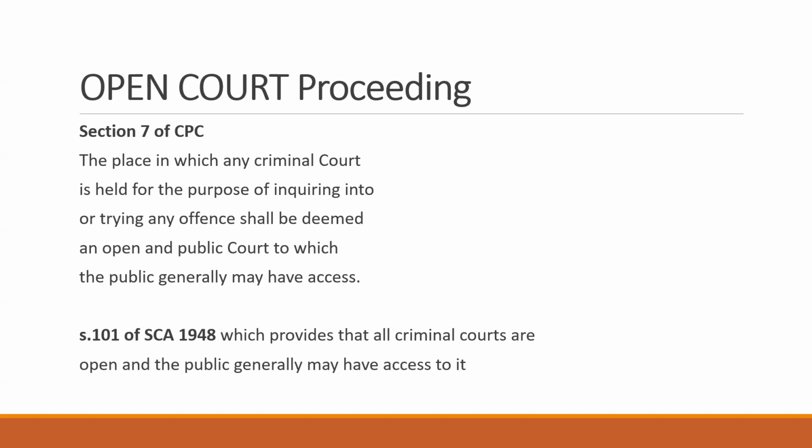Anyone can access the hearing, can hear what the judge says, and can hear how this trial is being conducted. This is pursuant to Section 7 of CPC. Okay, please memorize this, open court proceeding. And in answering this question, you can copy down whatever is provided inside your Section 7 CPC.